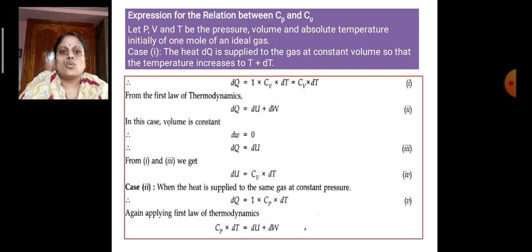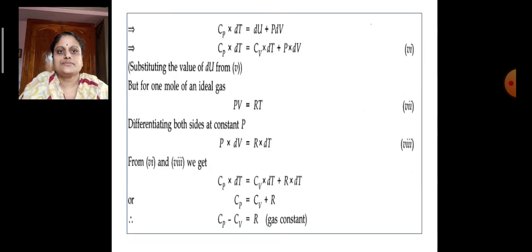That is, when heat is supplied to the same gas at constant pressure, then dQ by dT is equal to Cp. Again, applying the first law of thermodynamics, Cp into dT is equal to dU plus dW, or Cp into dT is equal to dU plus PdV. dU can be replaced by Cv into dT.